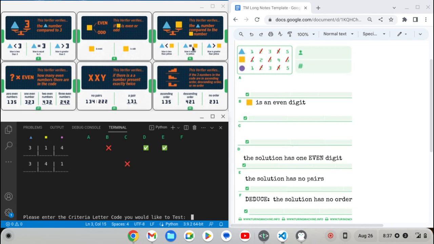And as I stated, can't have them be equal. So that means that, in fact, triangle needs to be greater than square. So let's go ahead and type that up. That is criteria card C, and that again is that triangle should be greater than square.